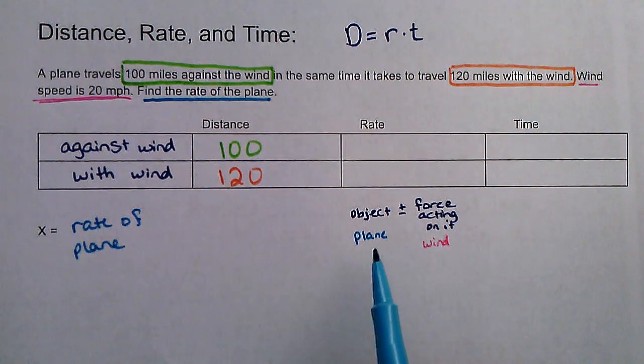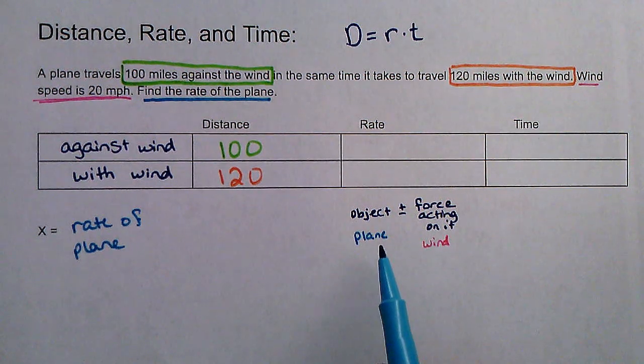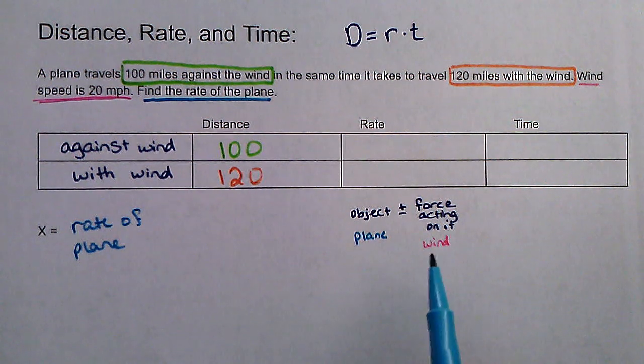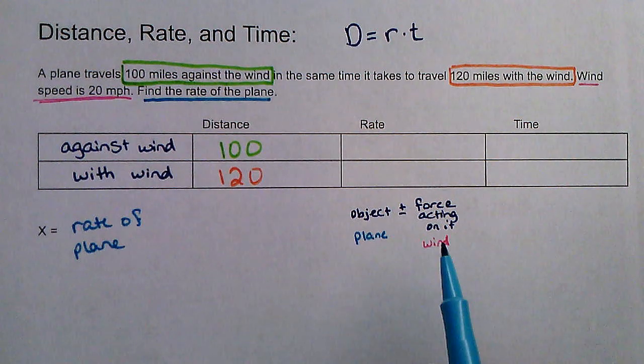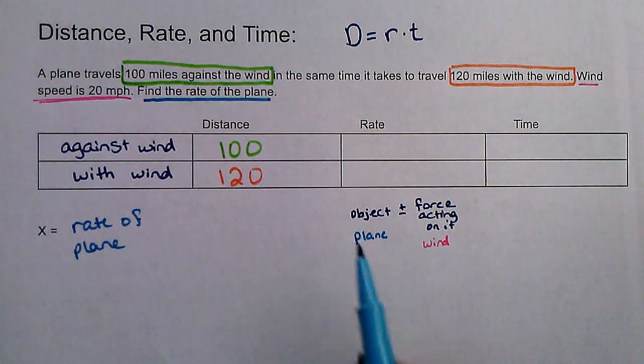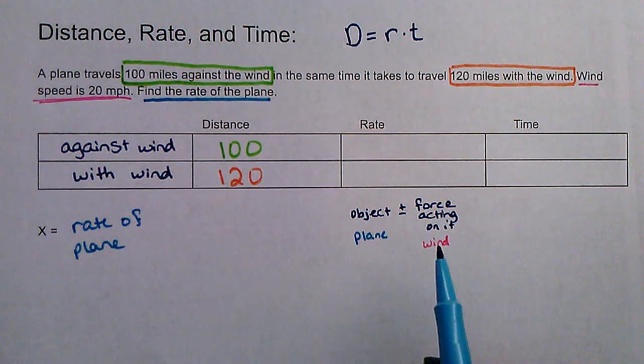So the object could be a plane or a boat or a person, and the force acting on it could be like wind, or if you're in a boat, the current of the river, or if you're like a person and you're running up and down an escalator, the escalator would be here. So this is the object that's moving, and this is the force.